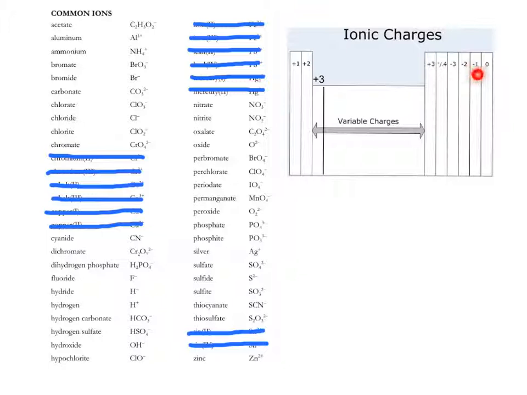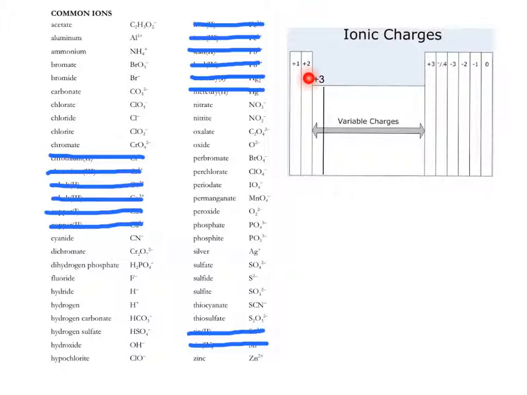So on the right hand side of the periodic table, we're going to have our nonmetals, and they're going to gain electrons. So group number 7 is going to gain 1 electron to become a -1 ion. Group 6 will be gaining 2 electrons to have a -2 ion, and so on and so forth. From the metal side, group 1 will lose 1 electron to form a +1 ion.